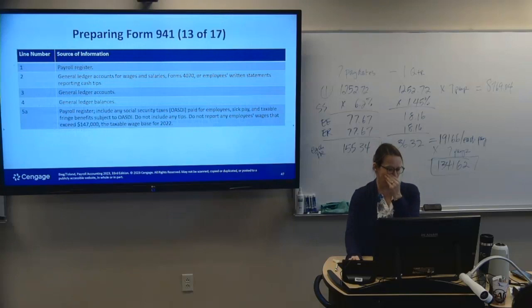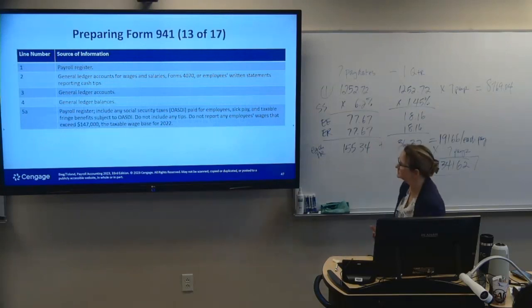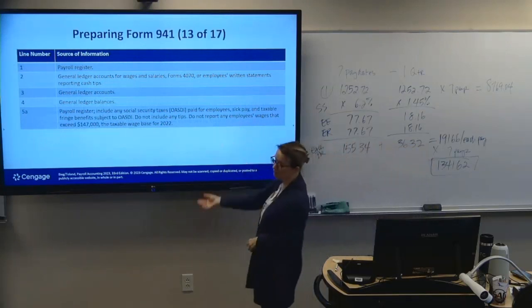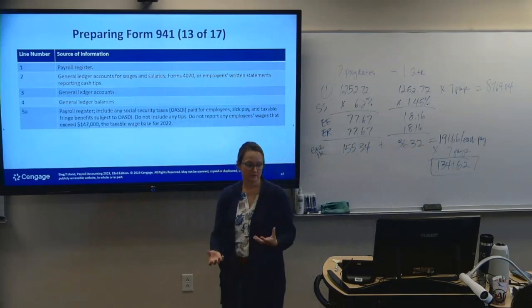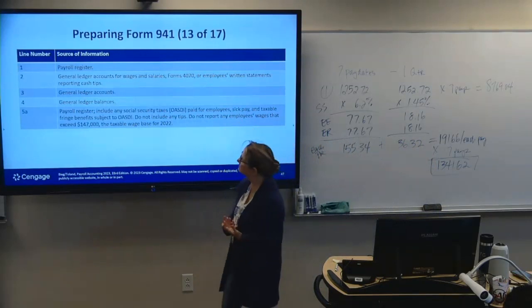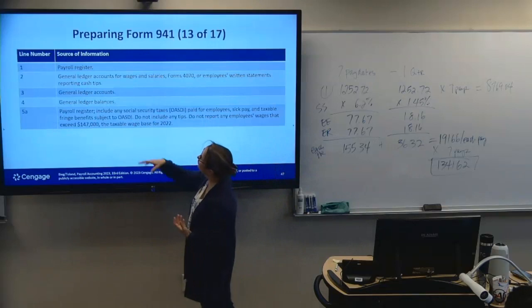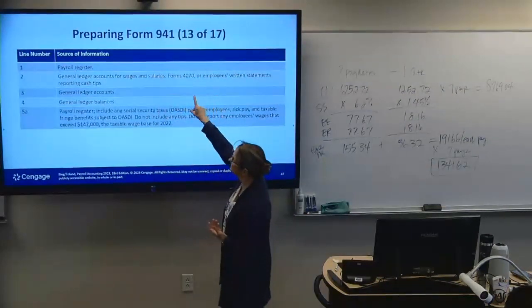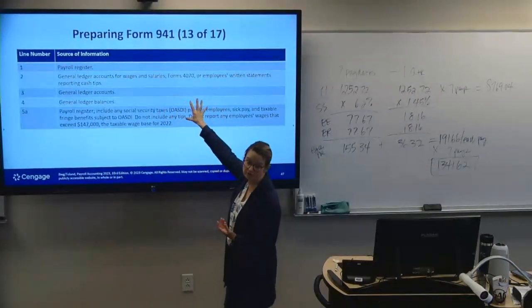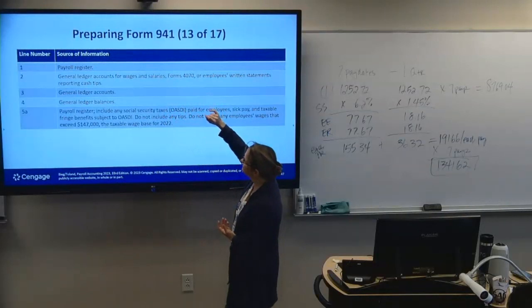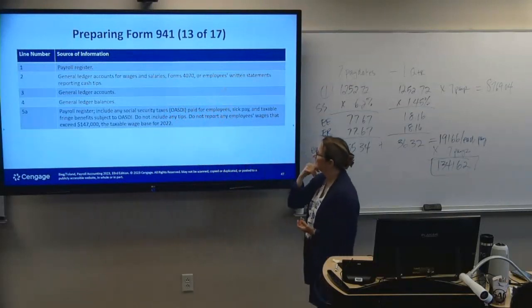Perfect. This again. So where do we get this information? We mostly get it from the payroll register, right? We get that information from the payroll register. We could also get it from the accounting records, the general ledger, as well, but mostly it would come from our payroll register.